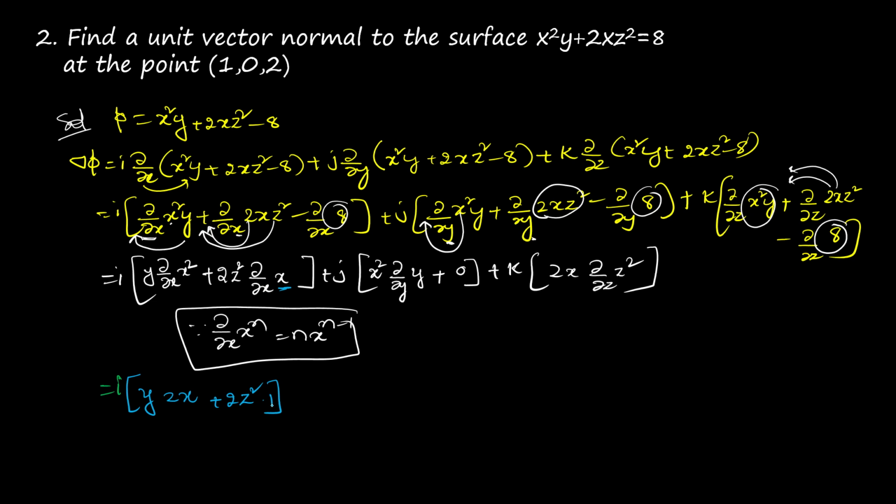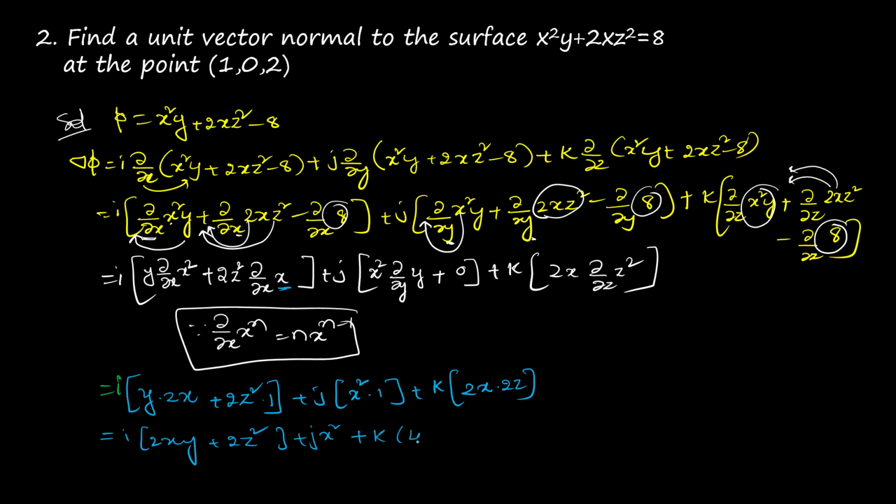Then j into x squared ∂/∂y of y, value 1. Next plus k of 2x ∂/∂z of z squared, which is 2z. Then i(2xy plus 2z squared) plus j times x squared plus k of 4xz.